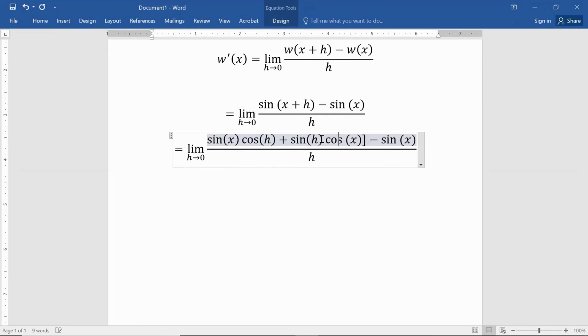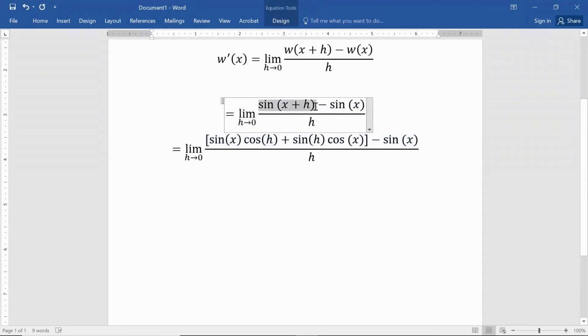That's the entire sine of x plus h. So that's a trig identity, a big long trig expression in particular, that replaces this sine of x plus h.